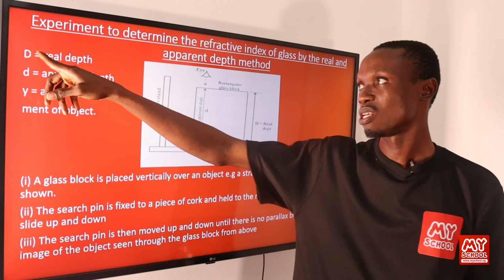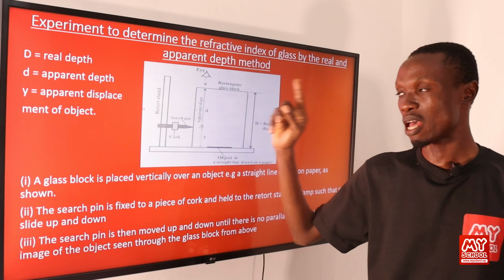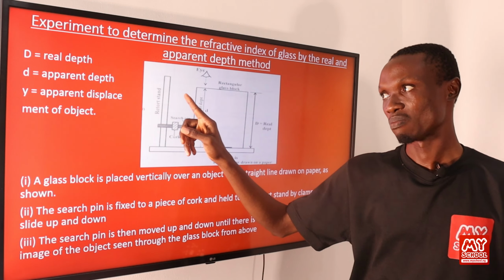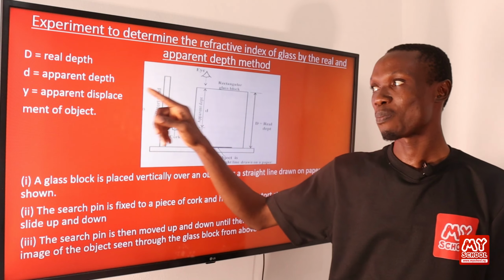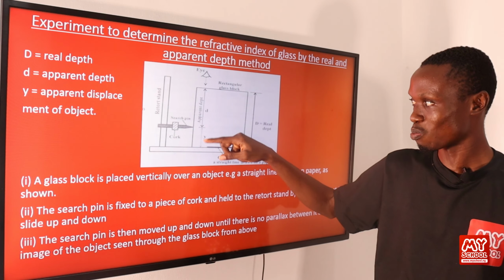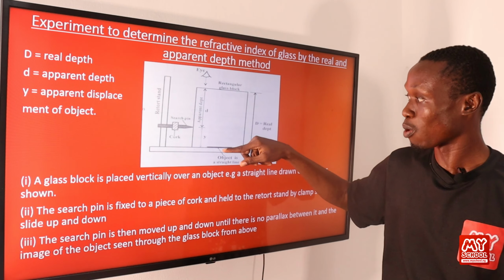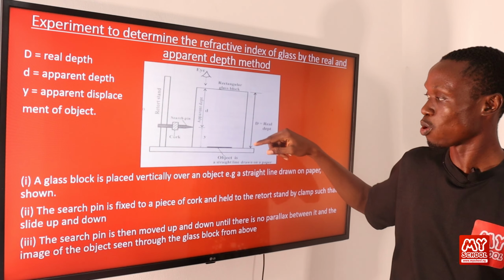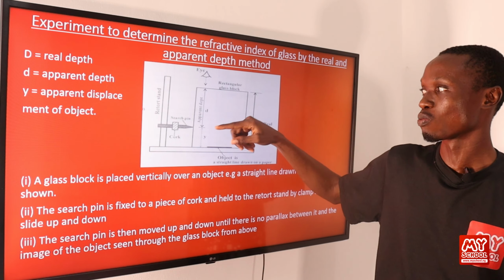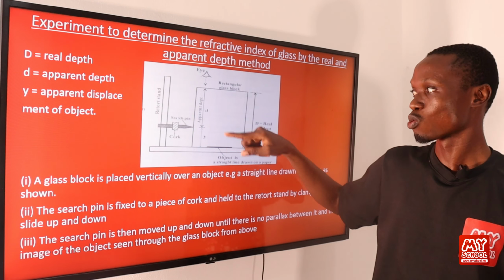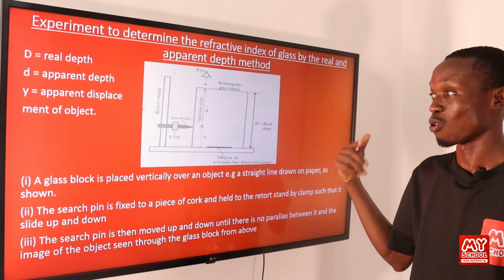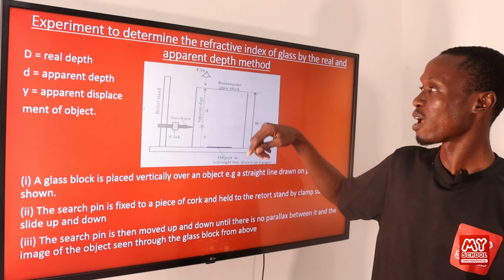Capital letter D represents real depth, small letter d represents apparent depth, while y represents apparent displacement of the object. So from here you can see the apparent displacement of the object as if the bottom of the horizontal surface actually was moved up a little, to this point. So that height is actually what is referred to as apparent displacement of the object, right?